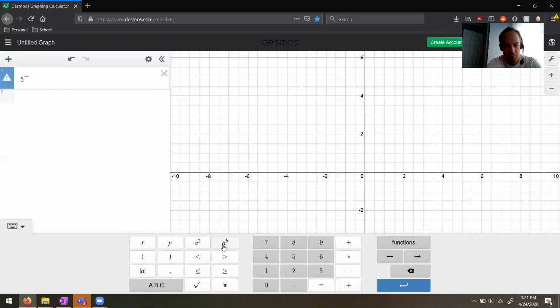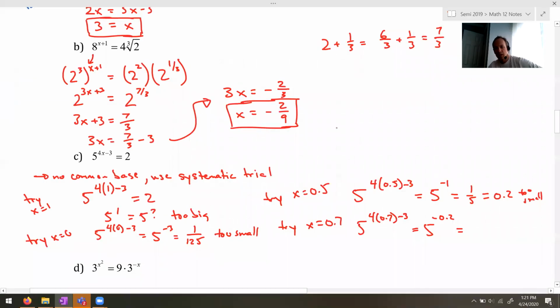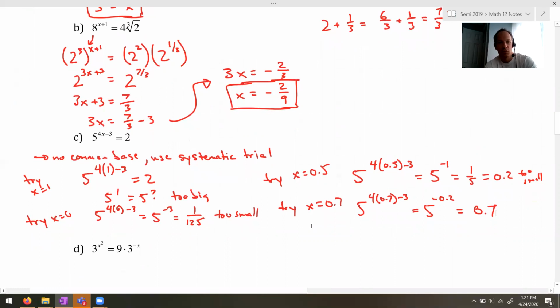I tried 0.7, no, 0.2, my apologies. So we got 0.7, okay. Anyway, so we can sit there and fiddle around with it and wind up getting the best answer. Now, this is not a very efficient way of doing things. It's incredibly inefficient, actually.